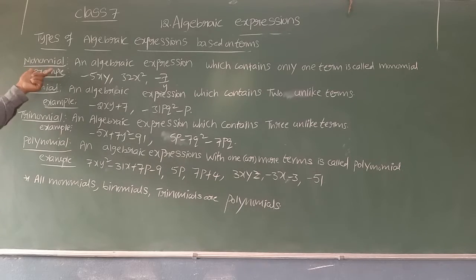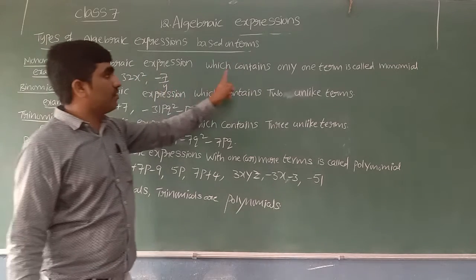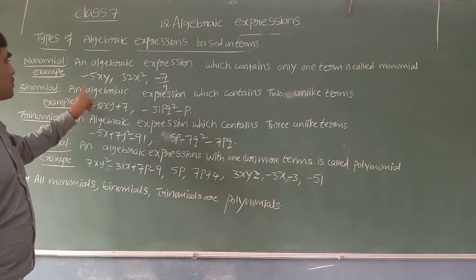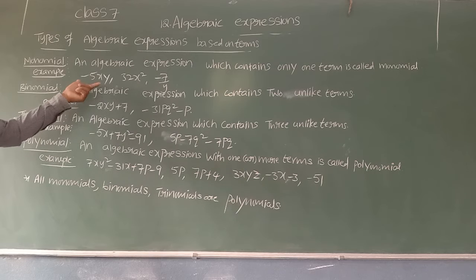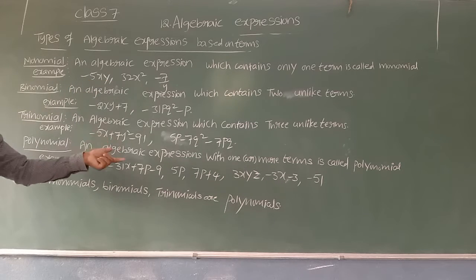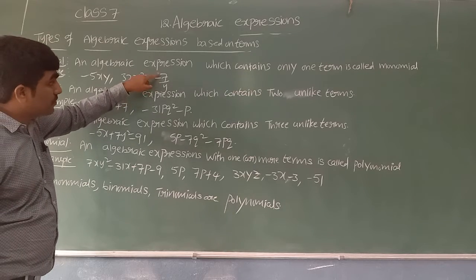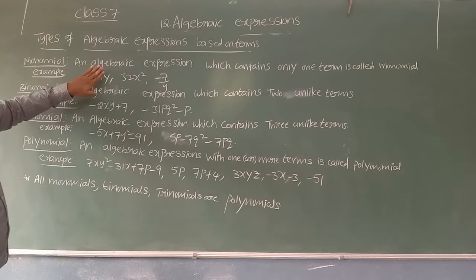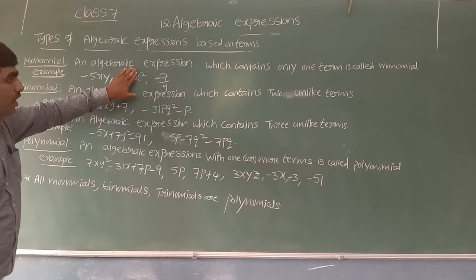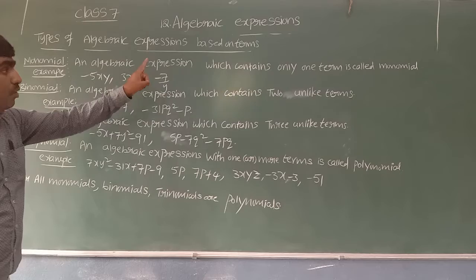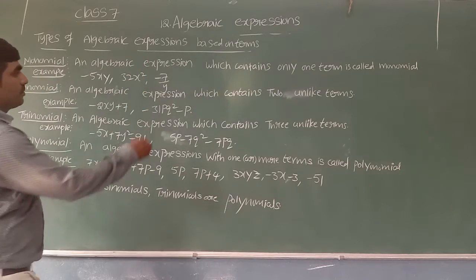What is meant by monomial? An algebraic expression which contains only one term is called a monomial. Example, minus 5xy. Product of constant and variable, only one term. Division of constant and variable, only one term. Here you can see one term, monomial.